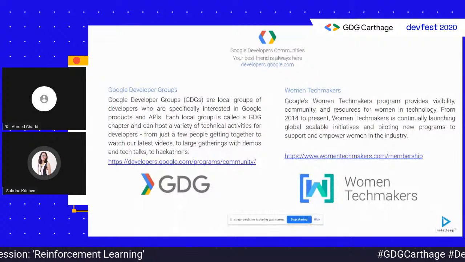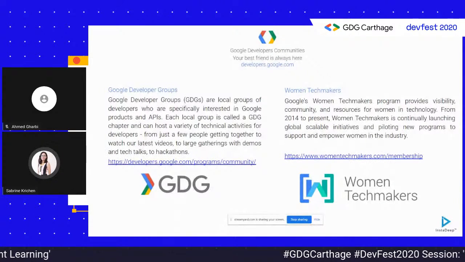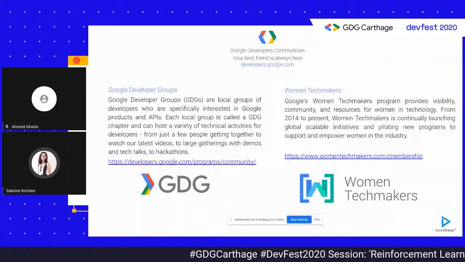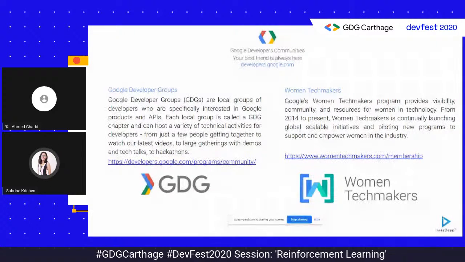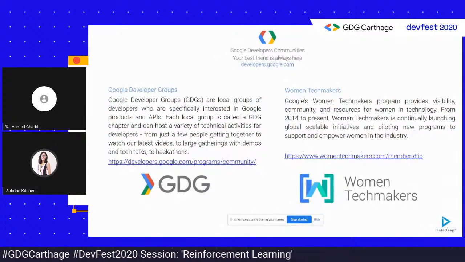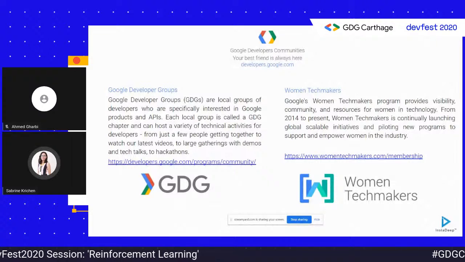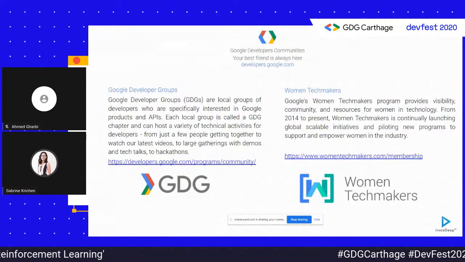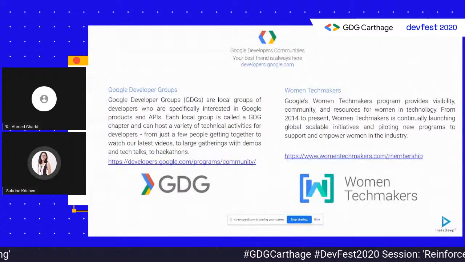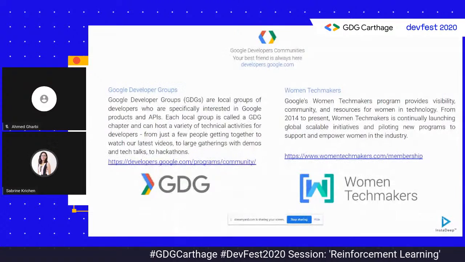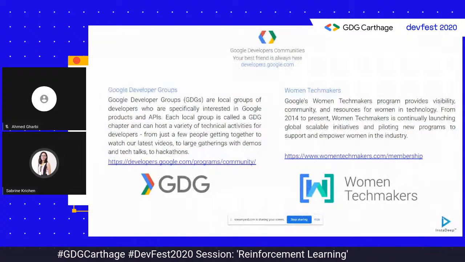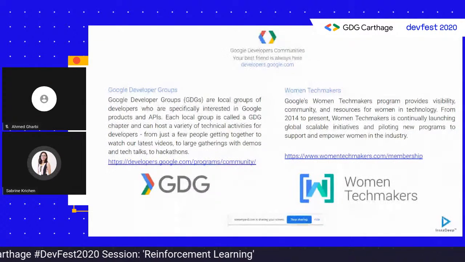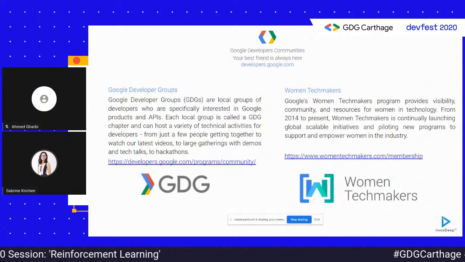There's also the Women Tech Makers. So Google's Women Tech Makers provide visibility, community, and resources for women in technology. From 2014 to present, Women Tech Makers is continually launching global initiatives to support and to empower women in the industry.